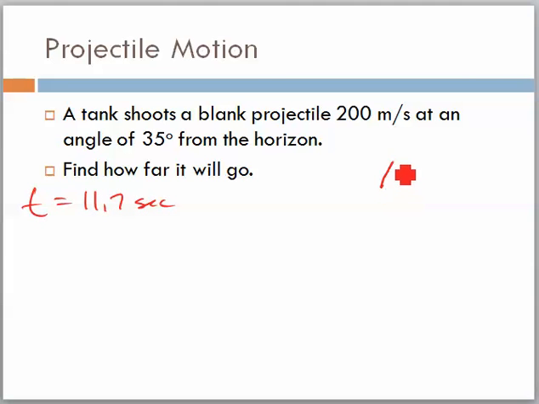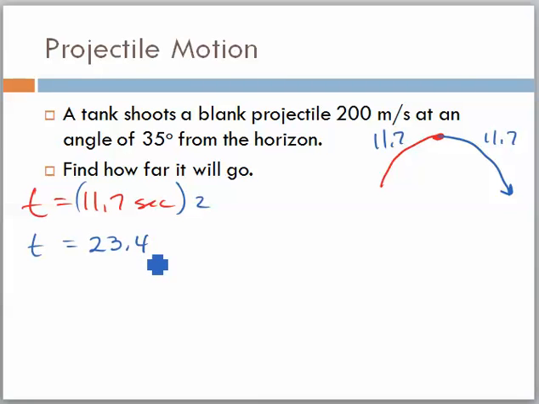That's how long it takes for it to go up to its highest point. How long is it going to take to go back down? Well, if it took 11.7 to go up, it's going to take 11.7 seconds to go down. So this time we have to multiply by 2, and time turns out to be 23.4 seconds.